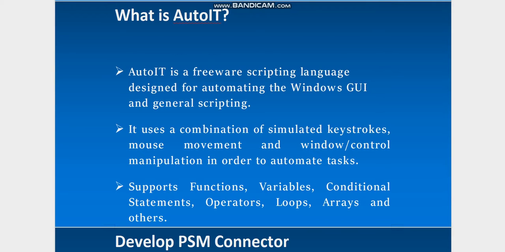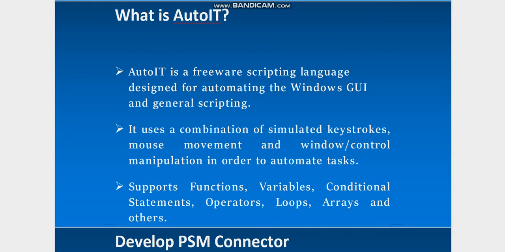Within that process we use loops, and according to the application login process we may use different things like controls, loops, conditions, and a lot of other things. You don't need to go deep into that, just remember that AutoIT is a scripting language to automate Windows stuff. That's all you need to remember.